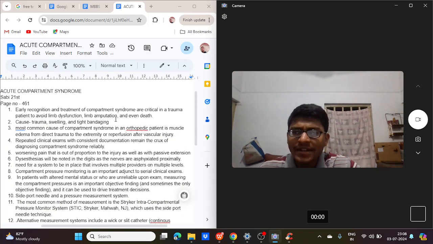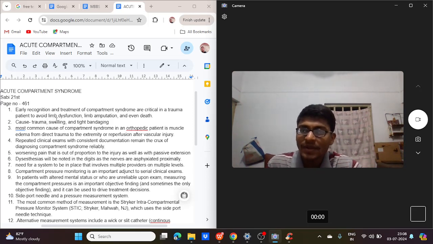Just a quick review and some important points which we'll discuss in detail here. In acute compartment syndrome, early recognition and treatment is very critical to avoid limb dysfunction, amputation, and even death. Trauma, swelling, and tight bandaging were the common causes as per Volkmann. The most common cause is an orthopedic patient with muscle edema due to trauma or reperfusion injury after vascular injury.